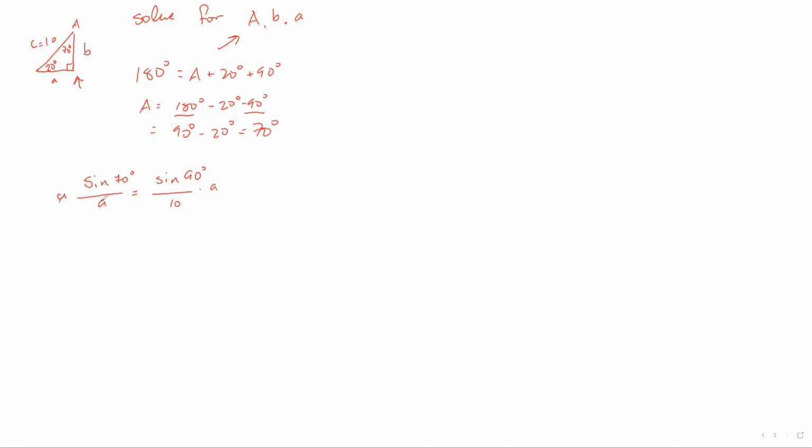So then these cancel. And then we want to isolate A. So now I'll multiply both sides by 10. This will cancel with this. We have a 10 now on the left-hand side. And finally, we want to get rid of the sine of 90. But we actually don't have to do anything.